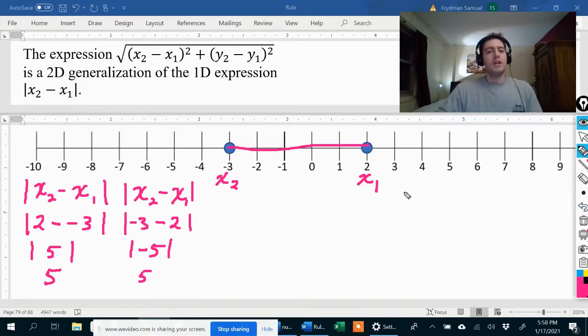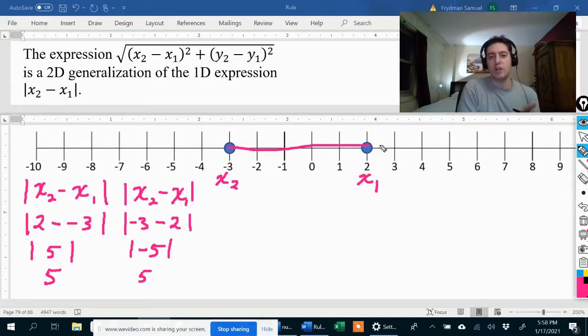Okay, now in this video I'm showing you that this expression which we have over here is really just a generalization of this expression to 2 dimensions. So we already saw in the last video that this expression works in 2 dimensions, but it also works in 1 dimension.